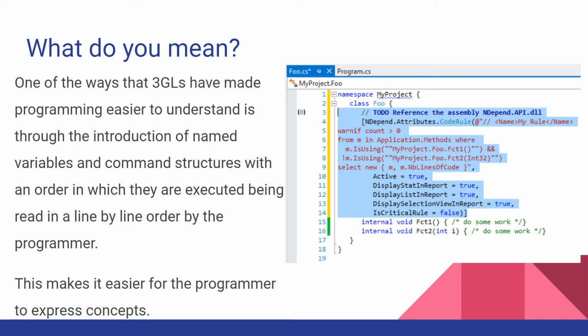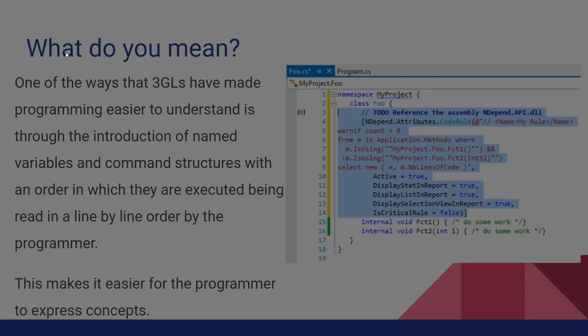And down the bottom, it is using my.project.foo. It's using words that you can understand ostensibly as being English. Internal void, these are English words. In such a way as when you go to code, instead of trying to understand a very generic mnemonic, you are understanding words that are English, and they should have approximately the same meaning in English as they do in code.